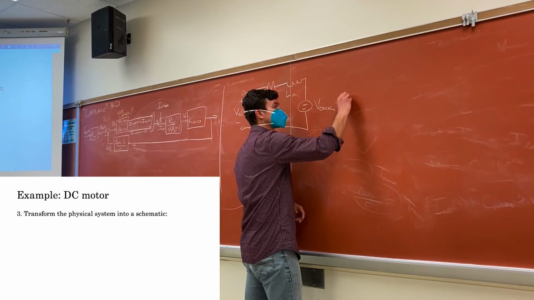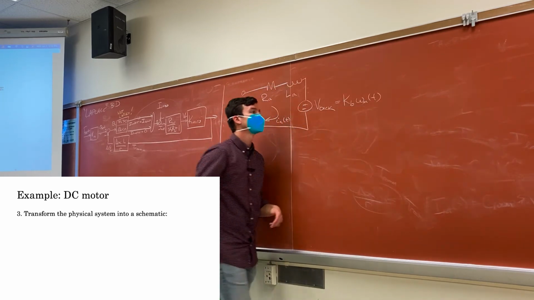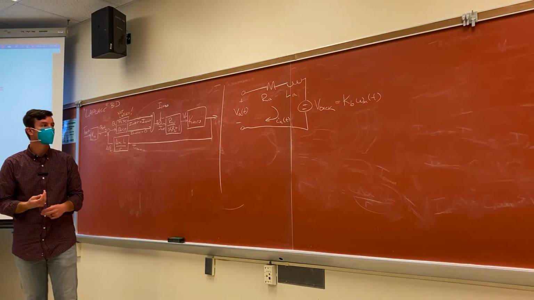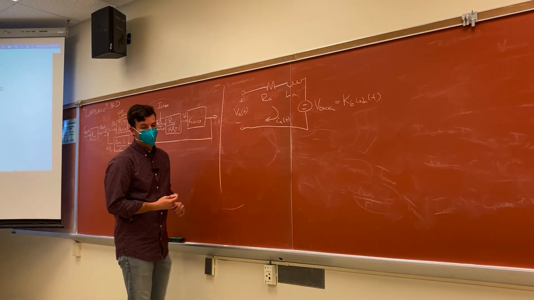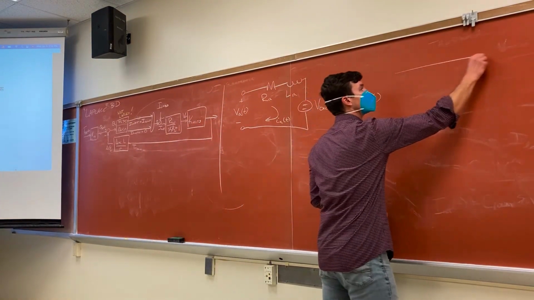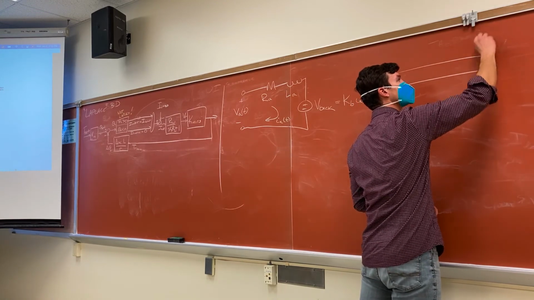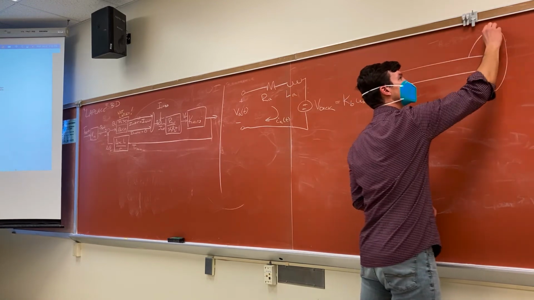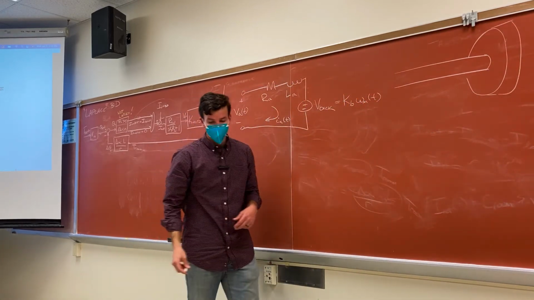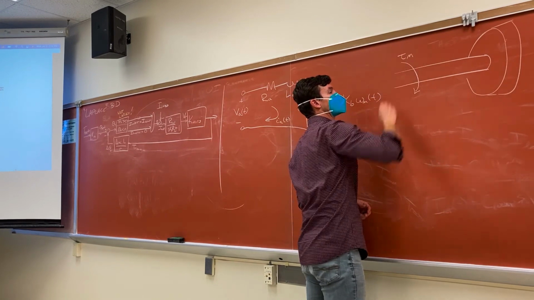Okay. So let's call this KB times omega motor. The rotor side has a torque applied by the motor.